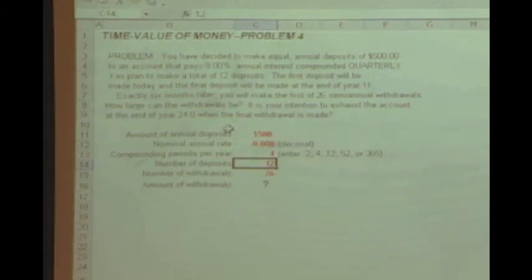Oh no, we've got an annuity with annual payments and another annuity with semi-annual payments. And it says, how large can the withdrawals be?